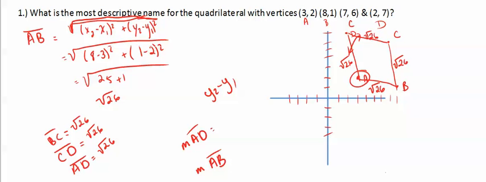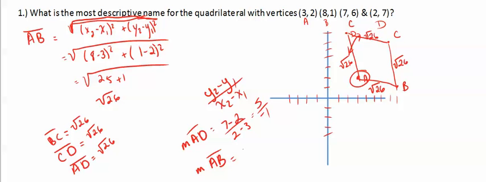To calculate slope, we'll use y2 minus y1 over x2 minus x1. For AD, that'll be 7 minus 2 over 2 minus 3, which gives us 5 over negative 1.